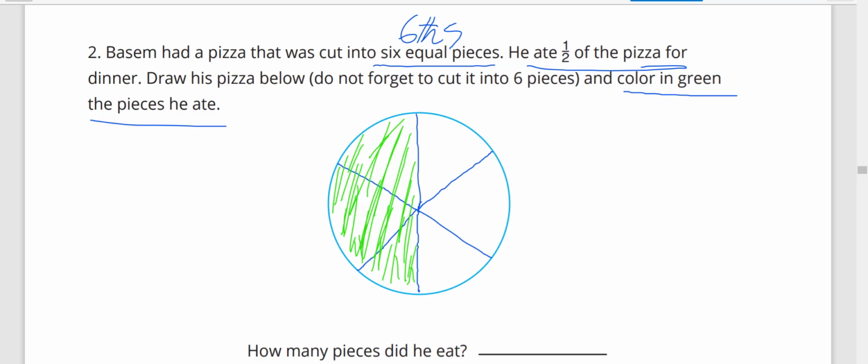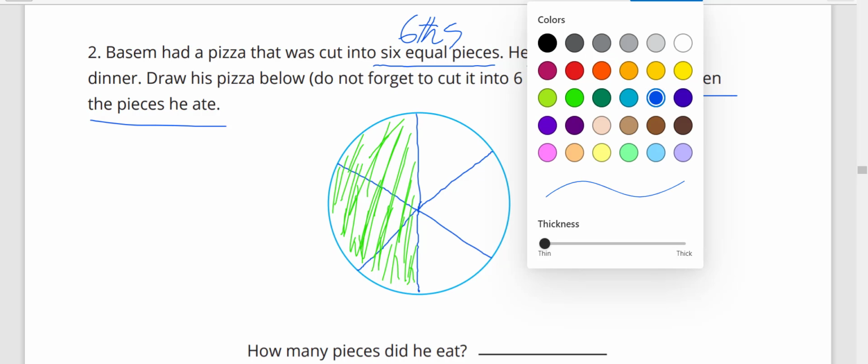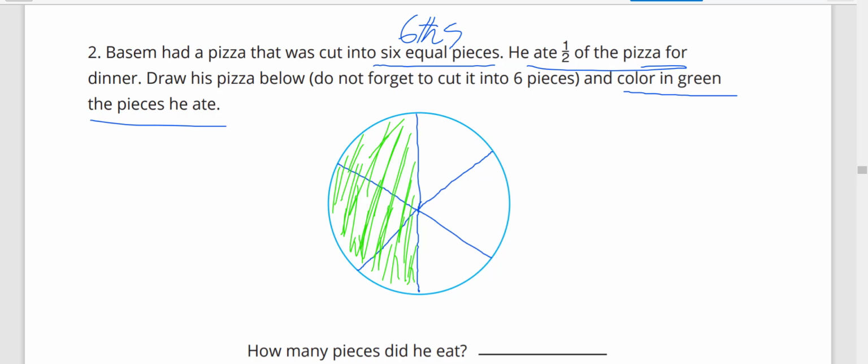How many pieces did he eat? He ate half of the pizza. At first he cut the pizza into 6 equal parts. Each part is called a sixth. So how many sixths did he eat? 1, 2, 3.